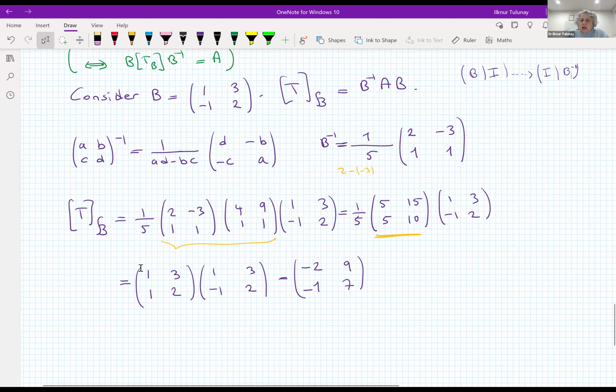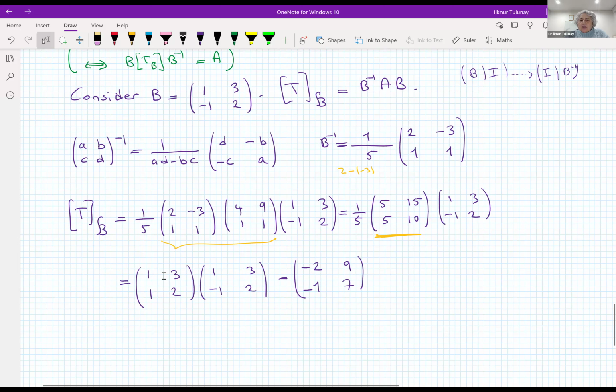This row with this column, 1 minus 3 will be minus 2. 3 plus 2 is 5. 1 plus 3, and 6, 6 plus 3 is 9. This is 1 minus 2, that will be minus 1. This times this will be 3 plus 4, that's 7.